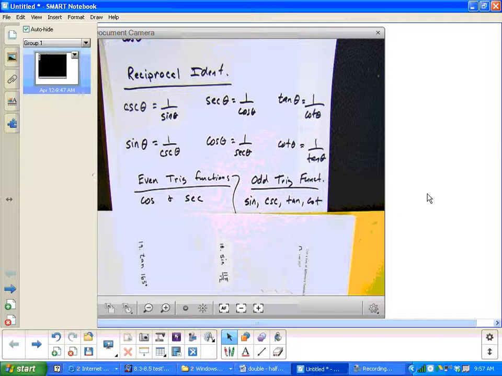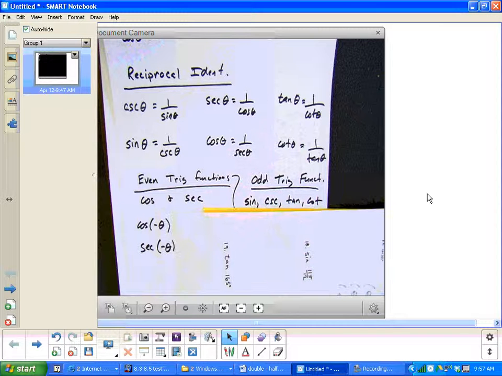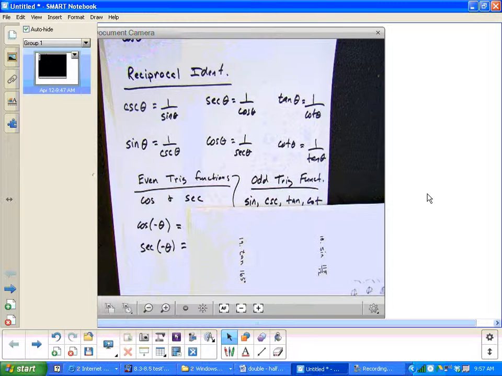All right, now let's look at the application of it though. Okay, so what if I try to find the cosine or the secant of a negative angle? Right, so cosine of negative theta would just be cosine theta. Okay, and secant of negative theta is just secant theta.